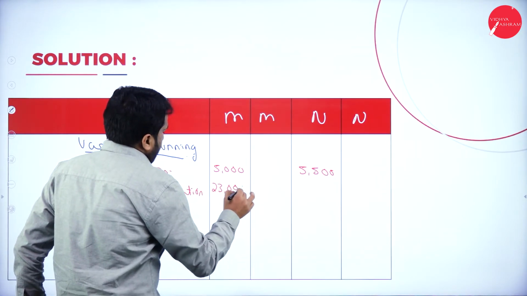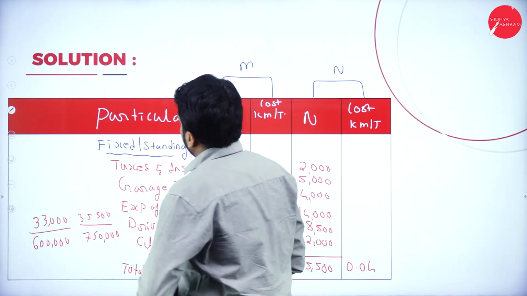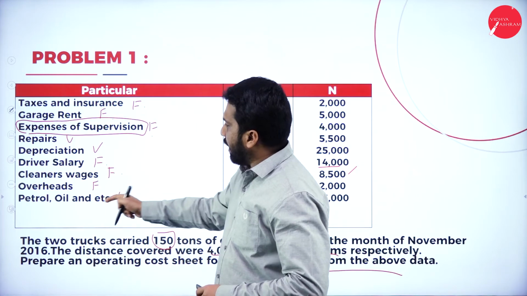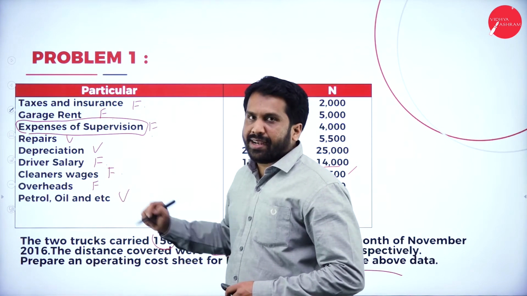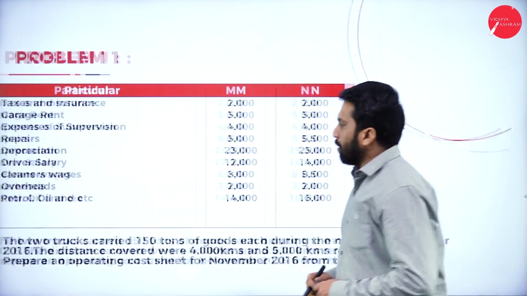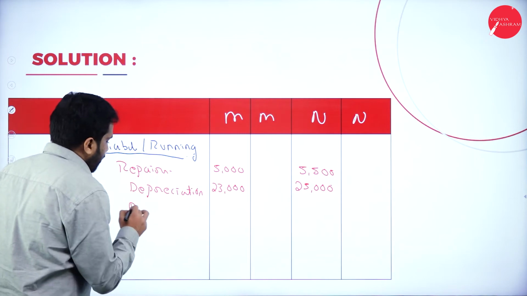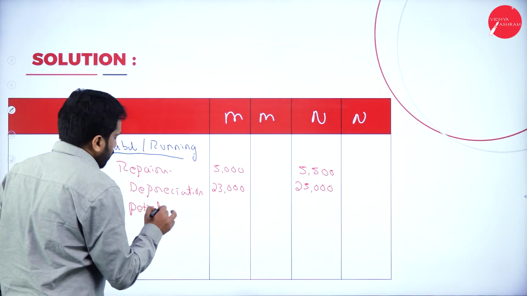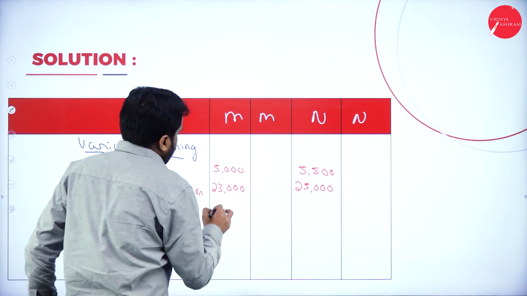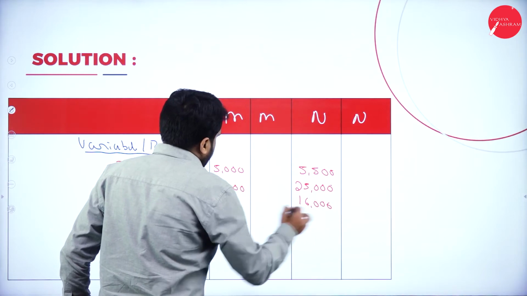After depreciation, we have petrol, oil, etc. It is 14,000 and 16,000.